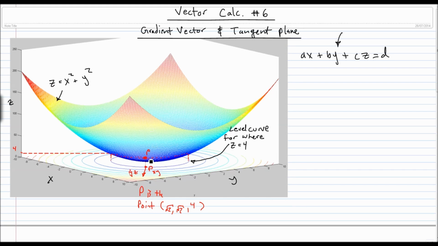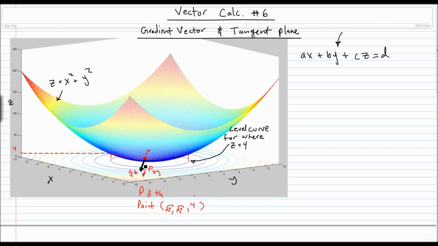Okay? So that means that if I can find a vector that's perpendicular to this surface at the point P, and I know where the point P is, it's given to me here, then maybe I can plug all of that information into an equation like this and end up with the equation of a tangent plane.